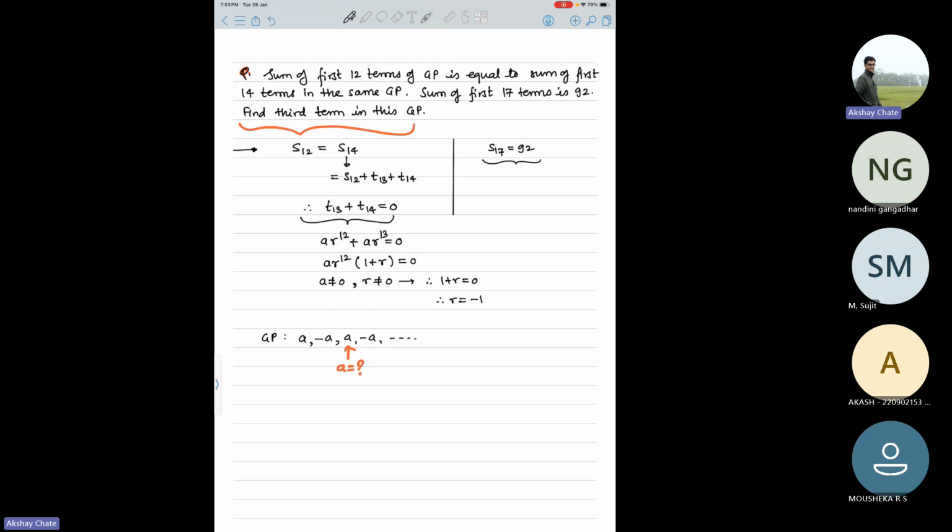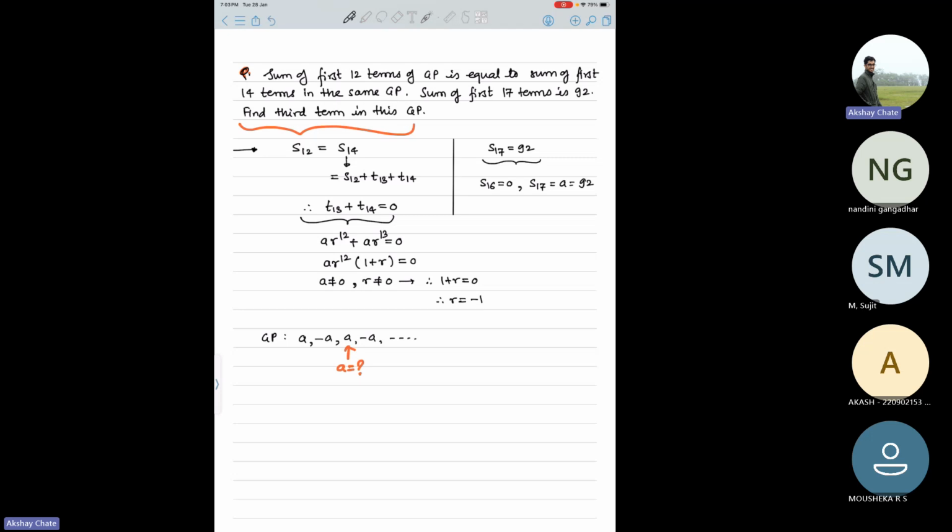If you add the first two terms, it is 0. If you add the third and fourth terms, it is 0. So till S16, each pair A minus A is 0, and therefore your S17 is nothing but equal to A, and that is 92.